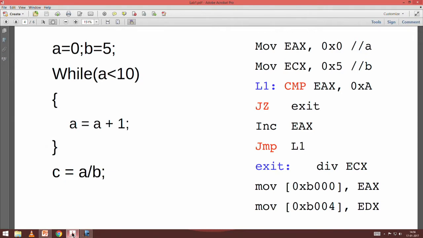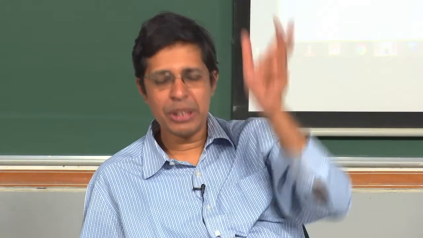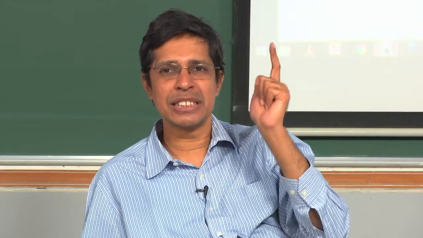At least the compiler I am using here has a 4 byte integer. So B1000, B1001, B1002, B1003 will store the quotient. B1004, B1005, B1006, B1007 will store the denominator, remainder.